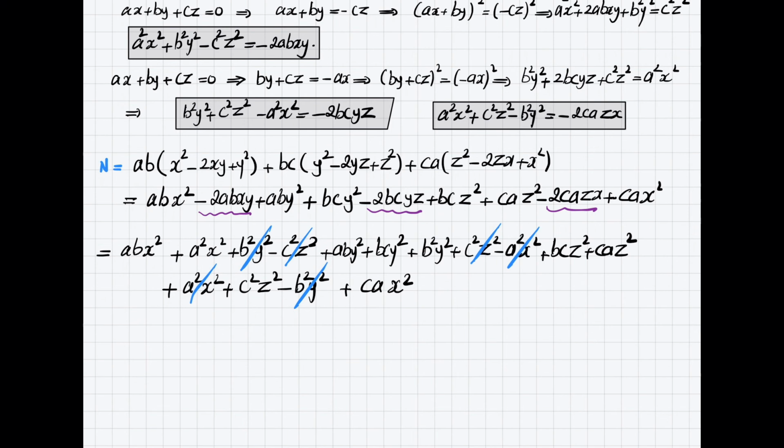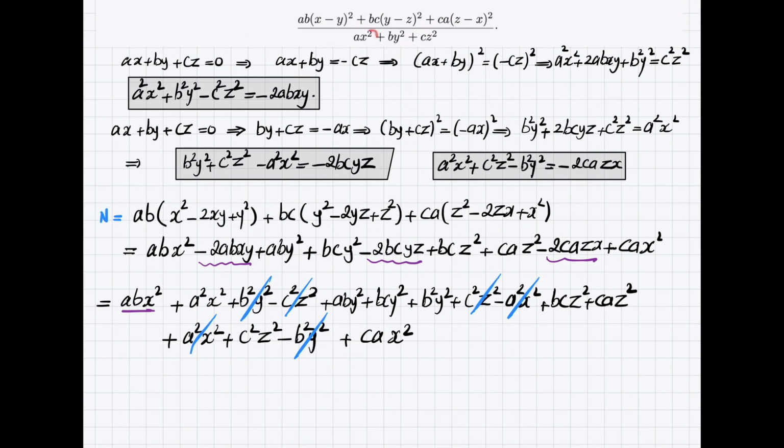So here, for example, I take this term. My goal is to take b out because I want to make this appear. Okay, so I need to have ax squared. So if I take b out from this, I will have my ax squared. So then I need to look for the term b squared y squared if there is such a term. And then immediately you realize, yes, there is such a term. So between these two I can factor a b, and then you need to find bcz squared.